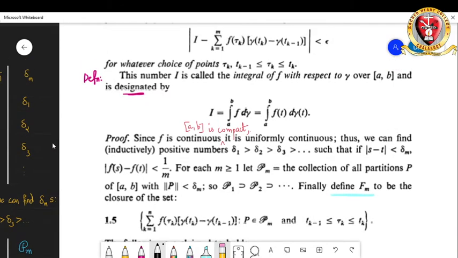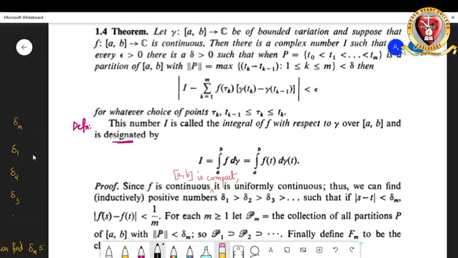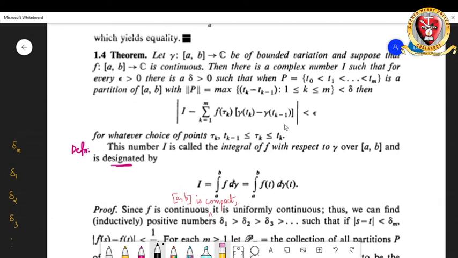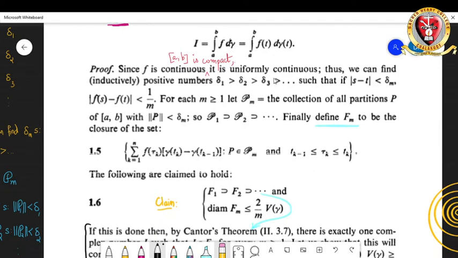Note that this summation is nothing but the summation which is coming in the statement here, the same summation we are using in the set. And the partition P varies over the collection of all partitions we just mentioned earlier, script P m.